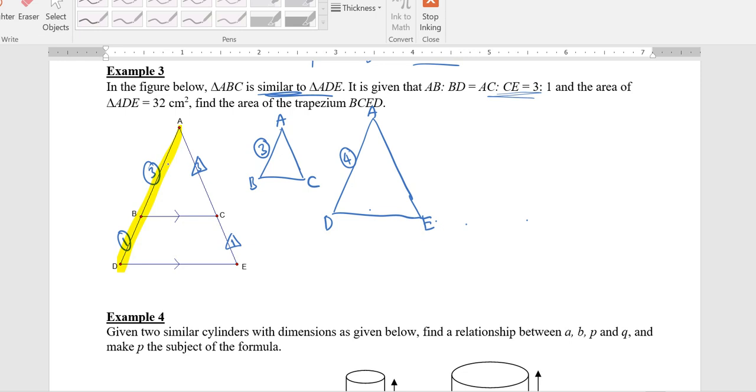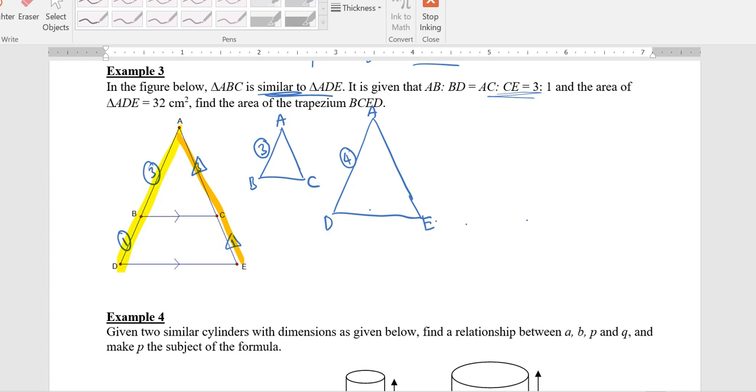So these 3 units may not be the same 3 units. But comparably, the ones with the circle are comparable, and the ones with the triangles are the comparable 3:1. Let's see what we need to do with the ratio.